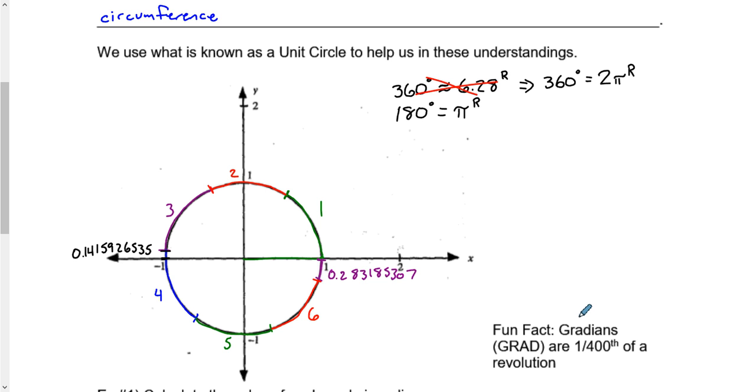So now we have what's known as radians, which is that RAD on your degree radian gradient button. Your gradient, which is the GRAD, is actually 1/400th of a revolution. Instead of 1 degree being 1/360th of a revolution, a gradient splits that into even smaller sections. That's just a little fun fact.